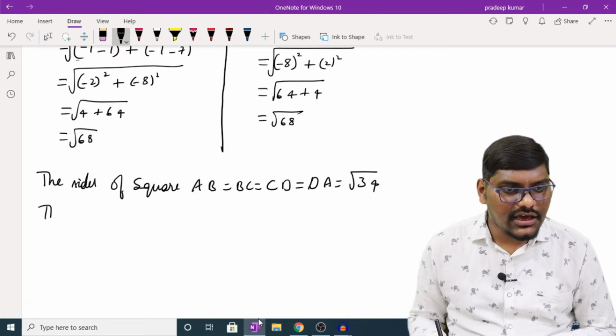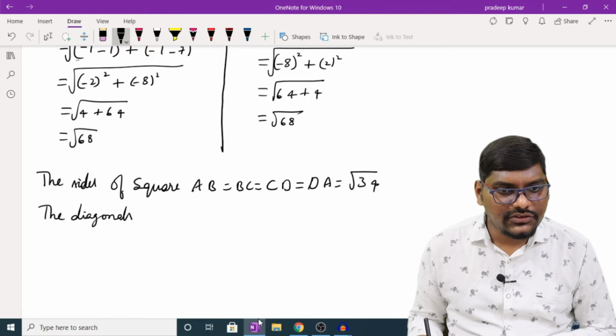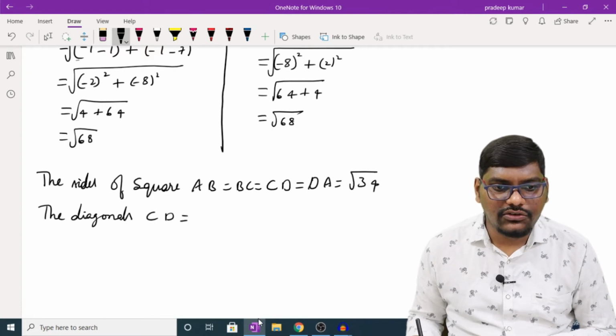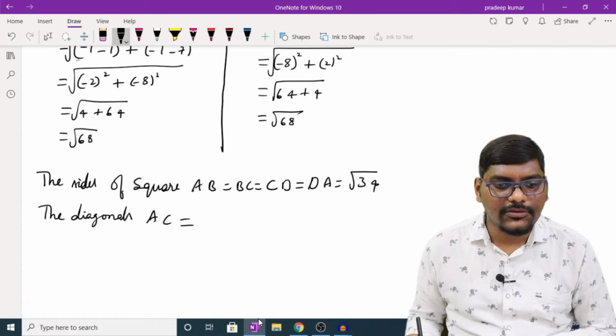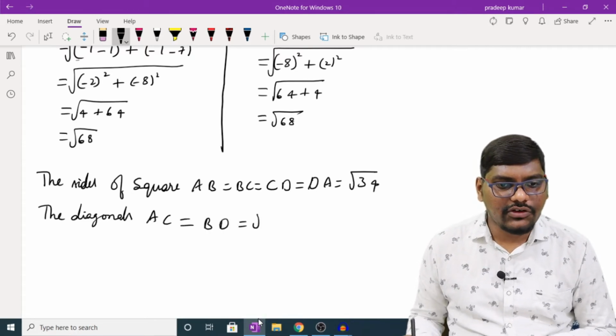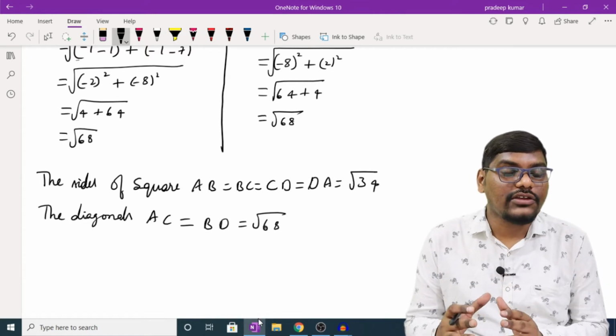The diagonals are AC equal to BD, which is equal to root 68. So now we can say the given points are points of a square.